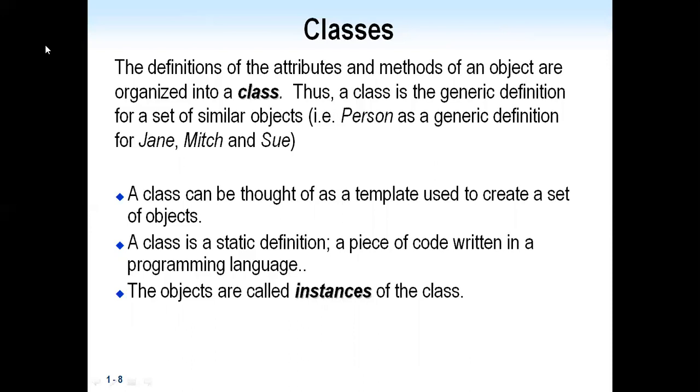Suppose one class is person. Different persons have different attributes and operations. So the person is represented by a class, and the class has some attributes and operations. Every person has some properties: name, father name, and date of birth.